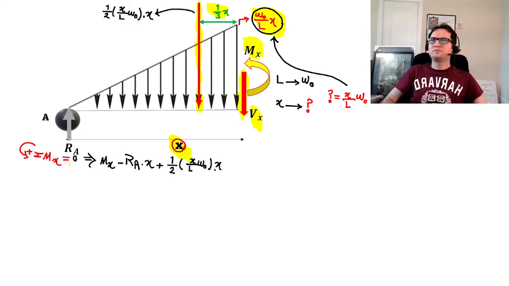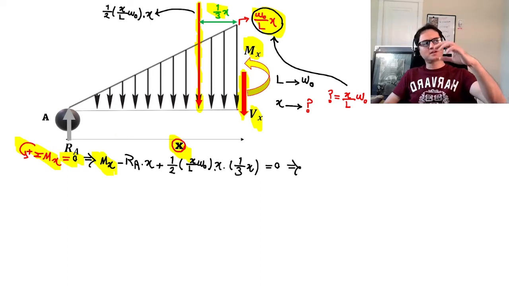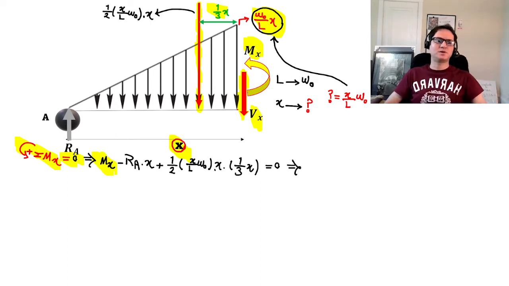The summation of moment about x equals 0 gives us Mx. Mx is counterclockwise, consistent with our positive direction, minus Ra times x, and the intensity of this load is x over L times w naught.